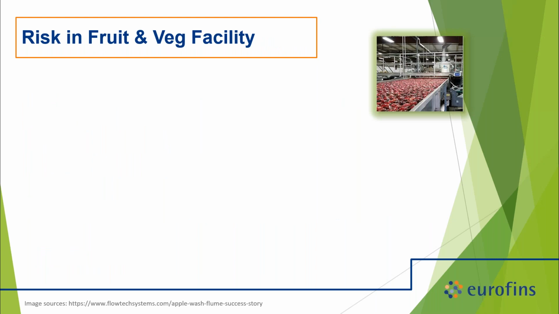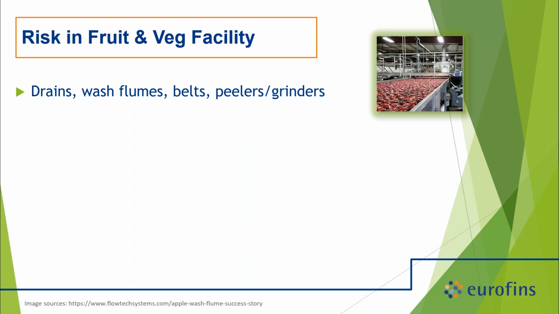So now that we've gone through the how, the why, and what we're doing, what do we need to think about in produce processing facilities? Produce processing facilities have some unique challenges because we have a lot of very different specialized equipment. That equipment can change over time. It often is very wet or has dirty material, vegetable material, fruit material, water coming in.